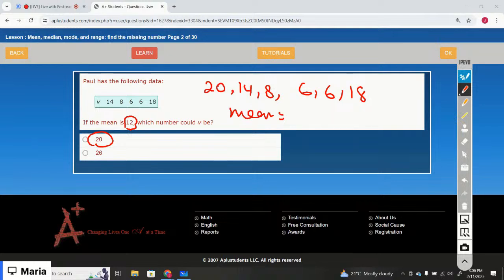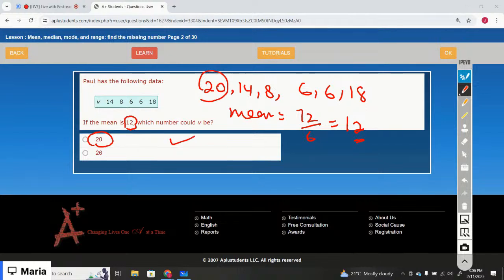So the sum of all the numbers is 72. And 72 divided by 6 is 12. So see, when you replaced V with 20, the mean is 12.